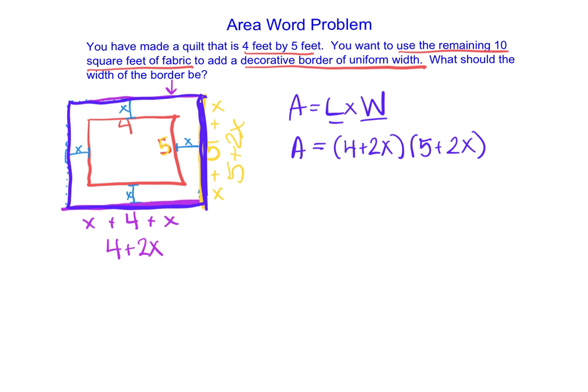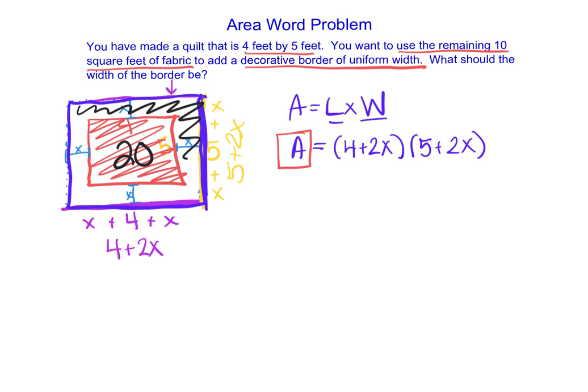Now, it might not seem so obvious, but we actually know what the area of this entire rectangle is, because we know that this 4 by 5 is calculated by taking 4 times 5, so this area right here is 20. And then from the instructions, I know there were 10 more square feet, and that area right there is 10 all around the side.